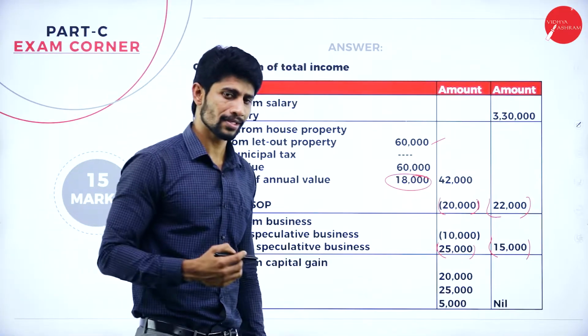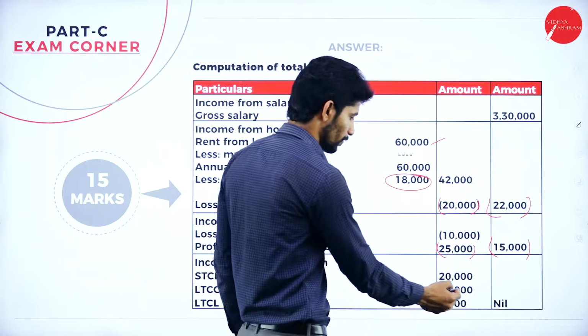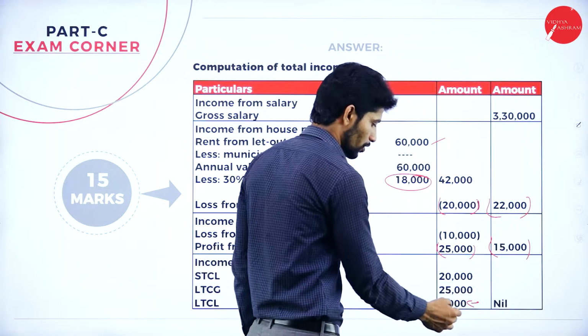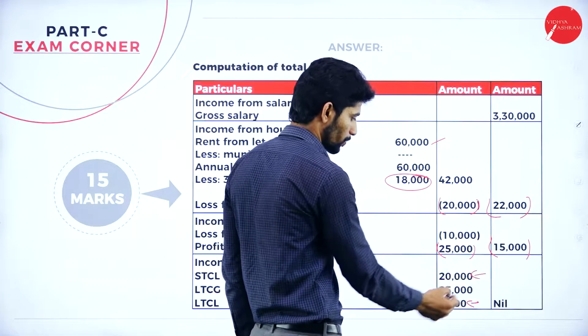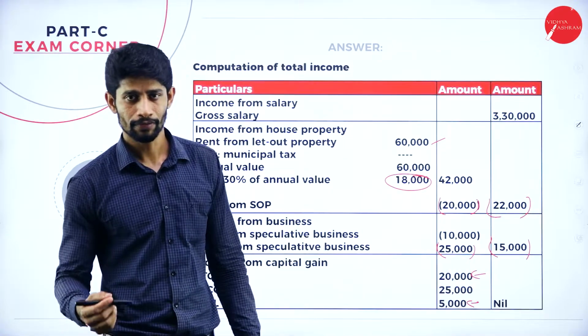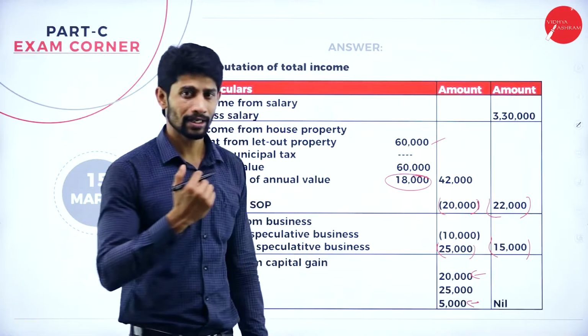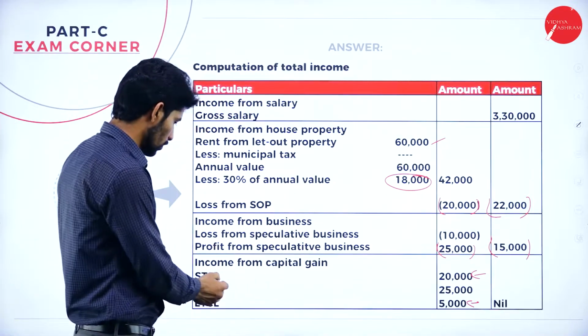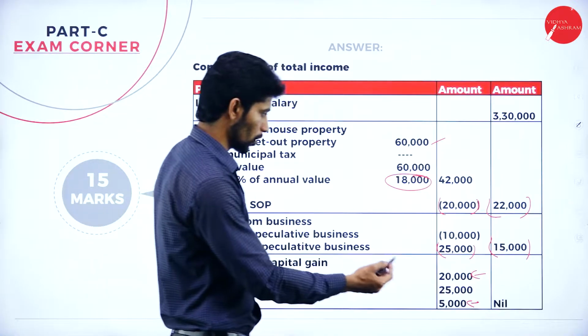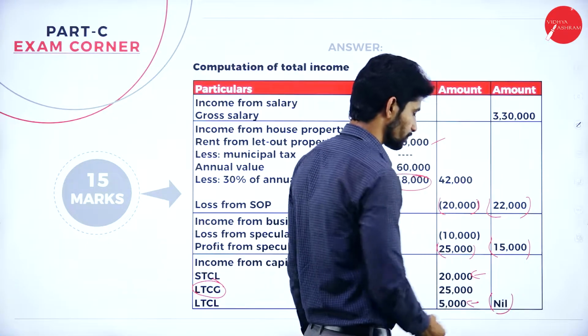Long-term capital loss, 5,000. So you can set off the short-term and long-term capital loss against the long-term capital gain. So the outer column comes nil.